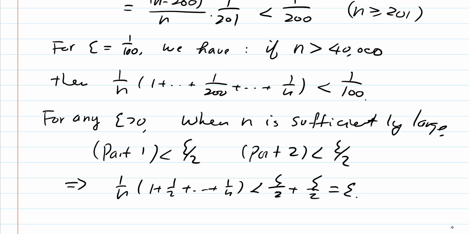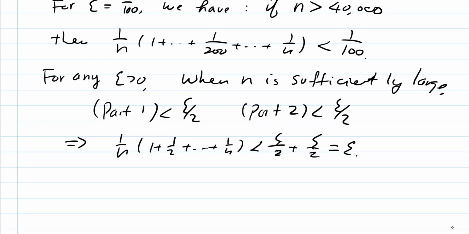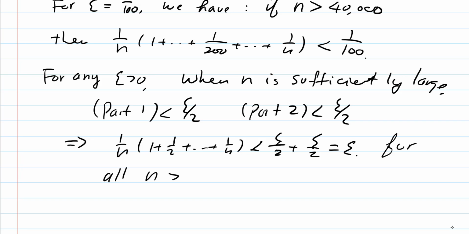And then that's the end of the proof, because for any epsilon bigger than 0, we can find large enough n so that this is true for all n bigger than or equal to some kind of capital N. Okay, and that's the idea. All right.